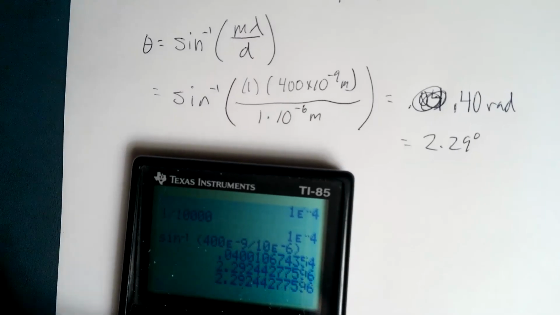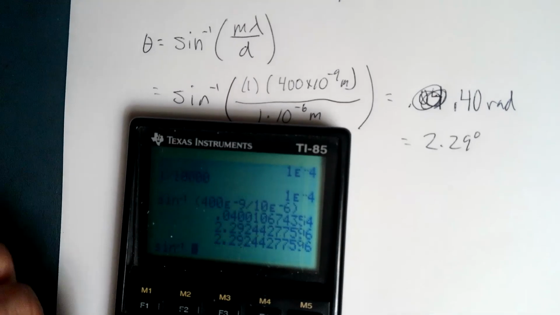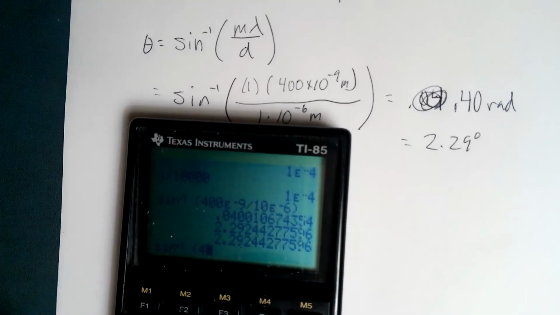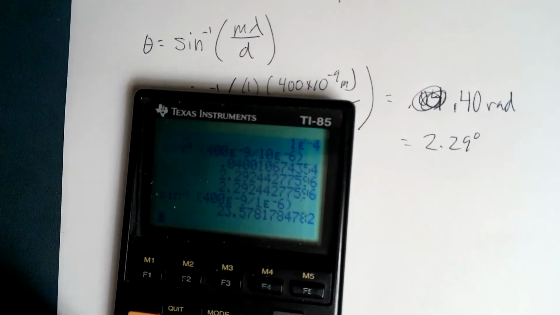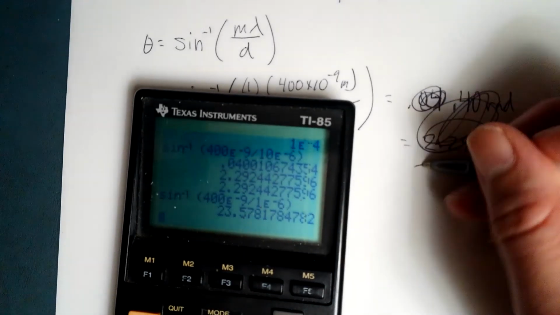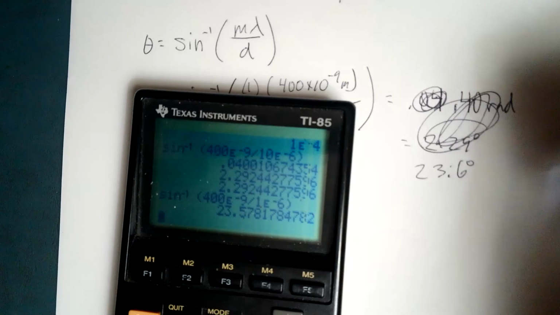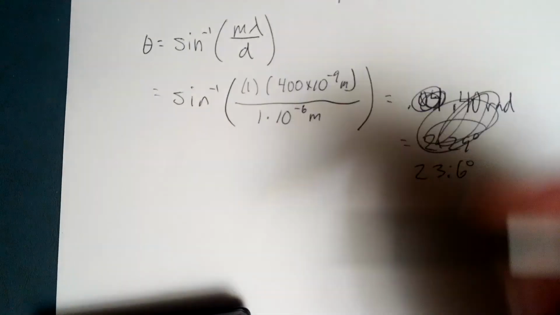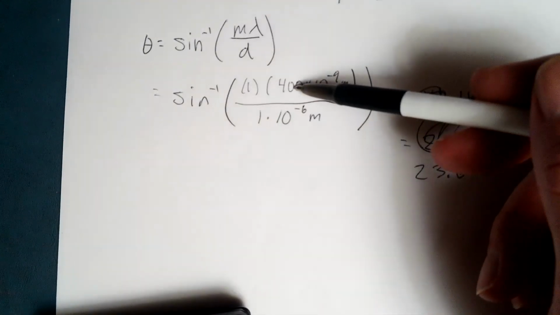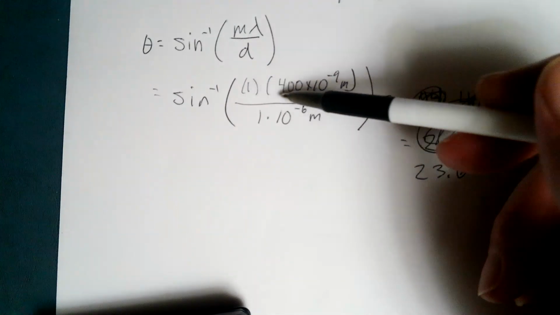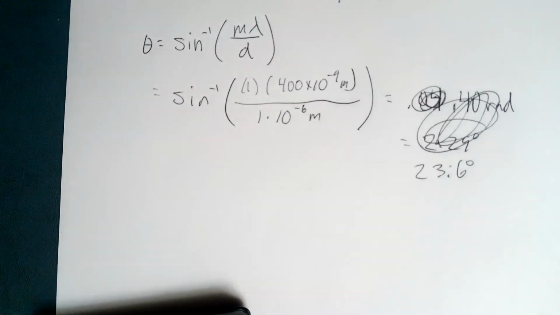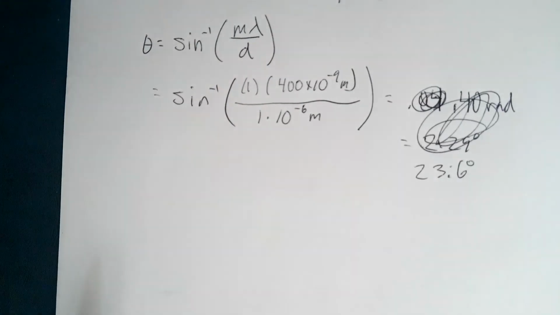All right, well, we'll get there eventually. I never think in physics anybody can just breeze through the whole thing without having to backtrack. So ignore all that. This is 23.6 degrees. And now you would just repeat for 700 and then do 400 with m equals 2 and 700 with m equals 2.